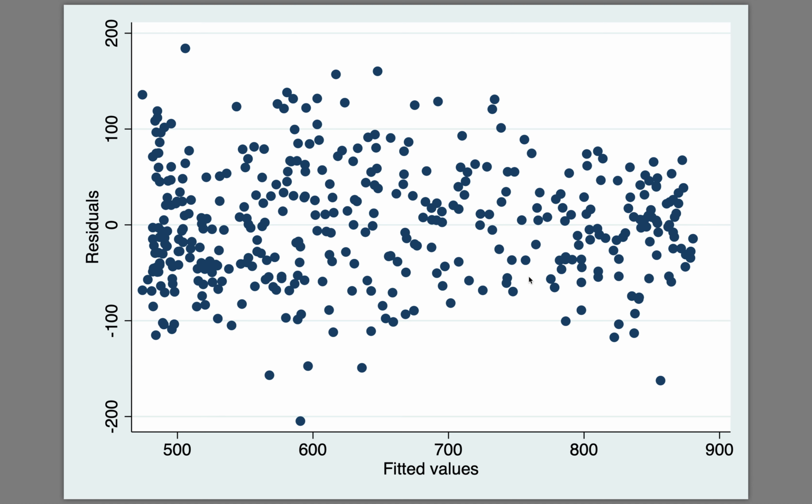So you want homoscedasticity. And honestly, with ours, we're coming kind of close, because as the values increase, it seems that the residuals are starting to fan in some. So we might have some issue here.